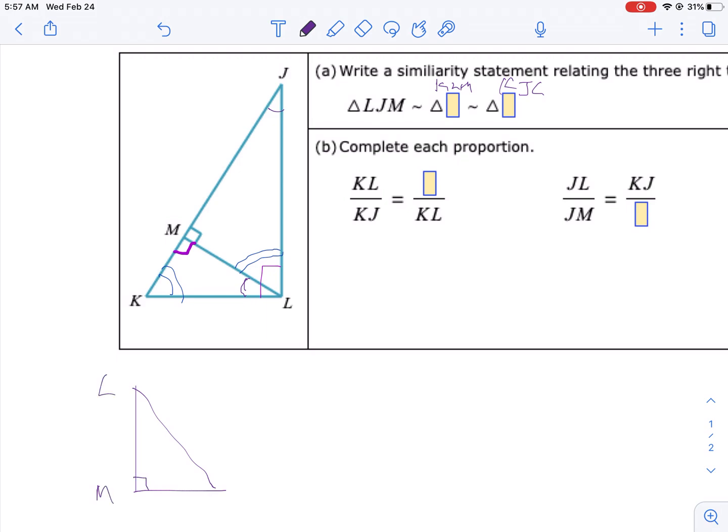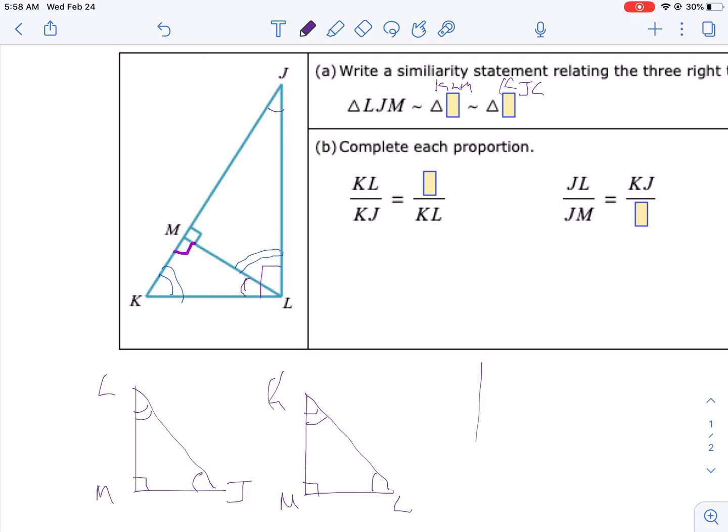Here's L with 2 arcs, and here's J with 1 arc. I'll do the same thing for my other triangle. My second triangle, angle M is my right angle. Angle K is the one with 2 arcs, and angle L is the one with 1 arc.